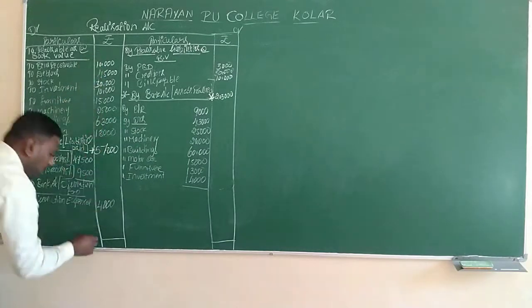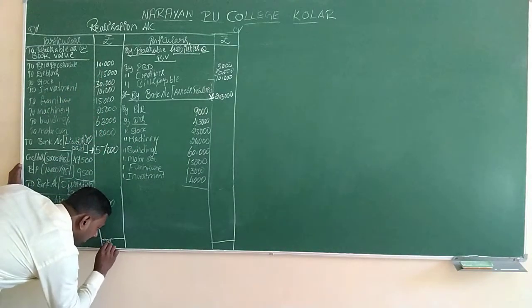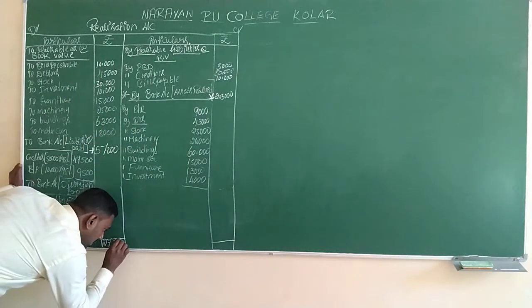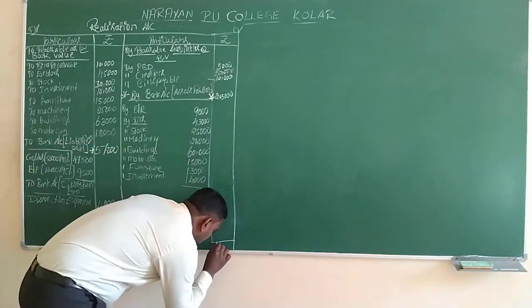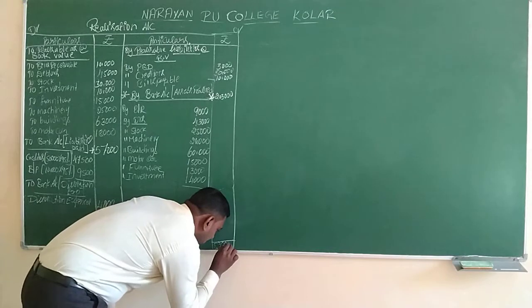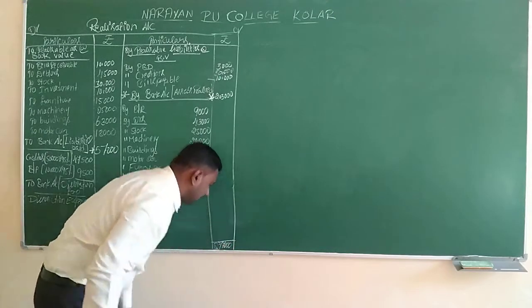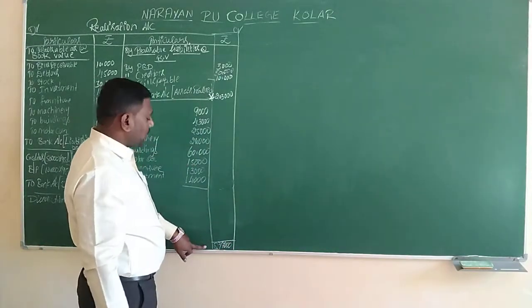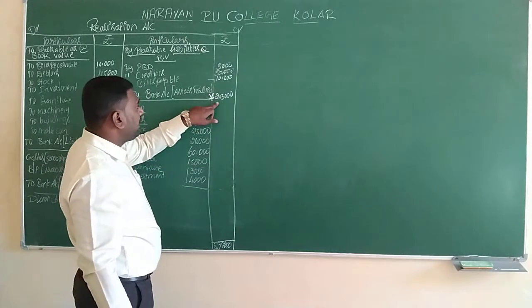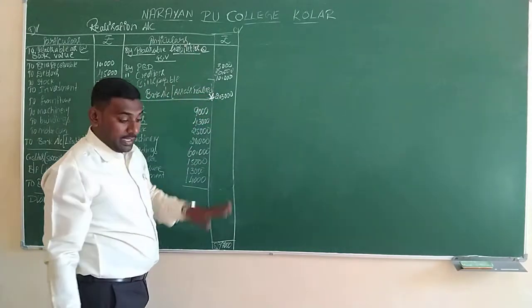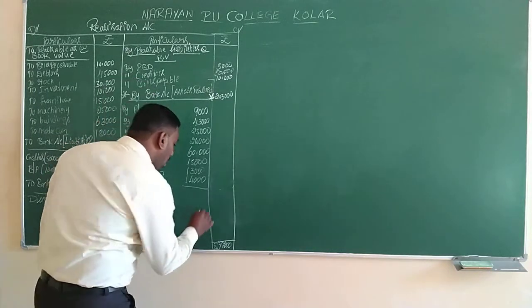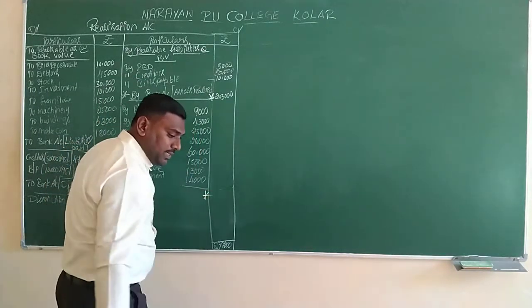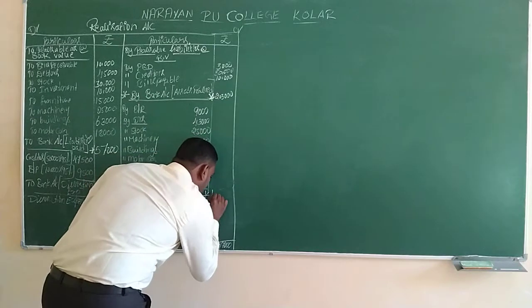The same value 2,77,000 we should write here. Out of this 2,77,000, deduct all the income, and we get the difference. The difference will be considered a loss. So the loss is 11,000.